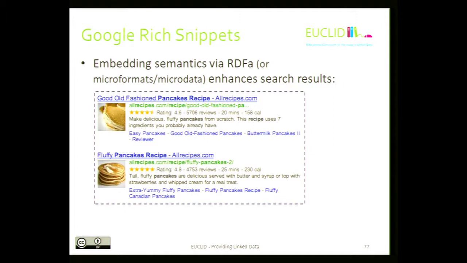Now here at Google, Google's early experiments with this were called rich snippets. They're now rebranded as structured data, Google structured data. And this means by putting RDFa or other means to express this into your HTML, your search results on Google can be as pretty as these are. It means instead of just having the blue link with the title page, the green link, and the black first paragraph or first two sentences, you start to be able to add information that makes your search result look more attractive.